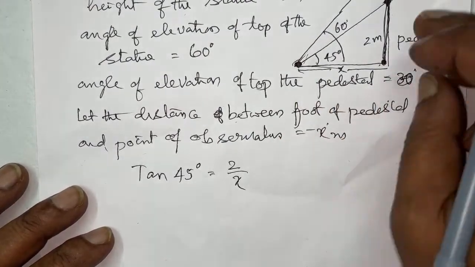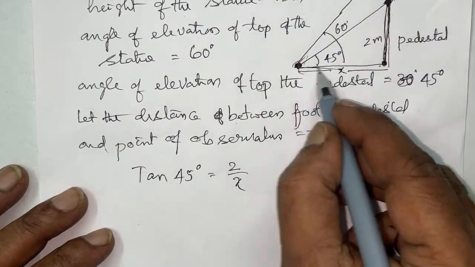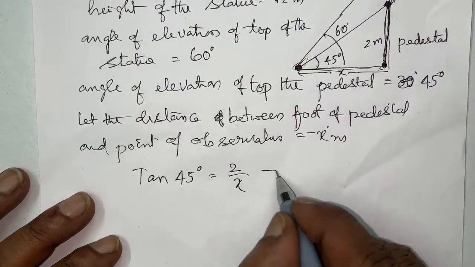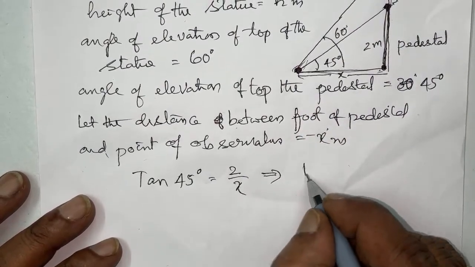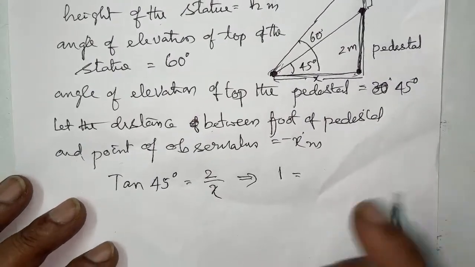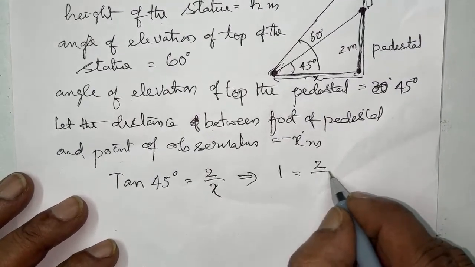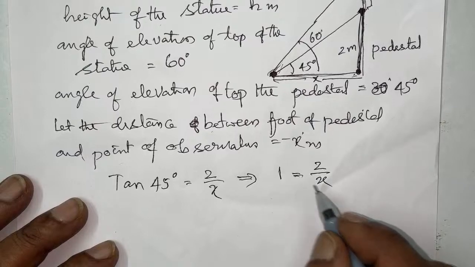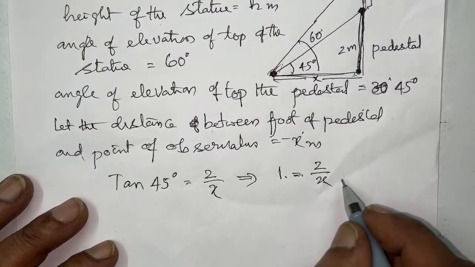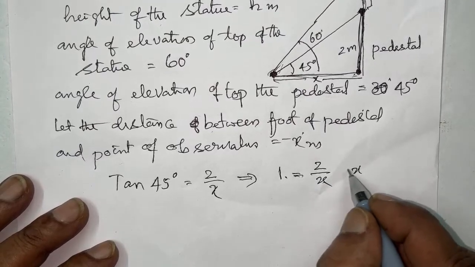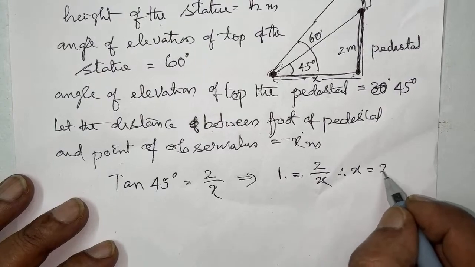Opposite is 2 meters, the pedestal height, and adjacent is x. The tan 45 value is 1, so 1 equals 2 by x. Now cross multiplication, x into 1, therefore x is equal to 2 meters.